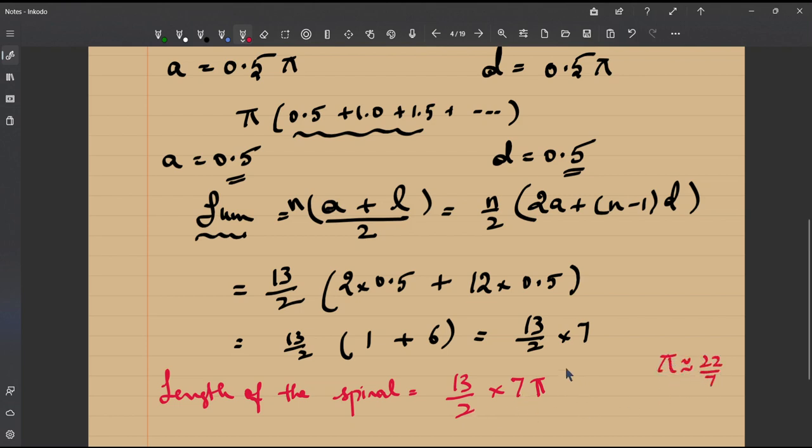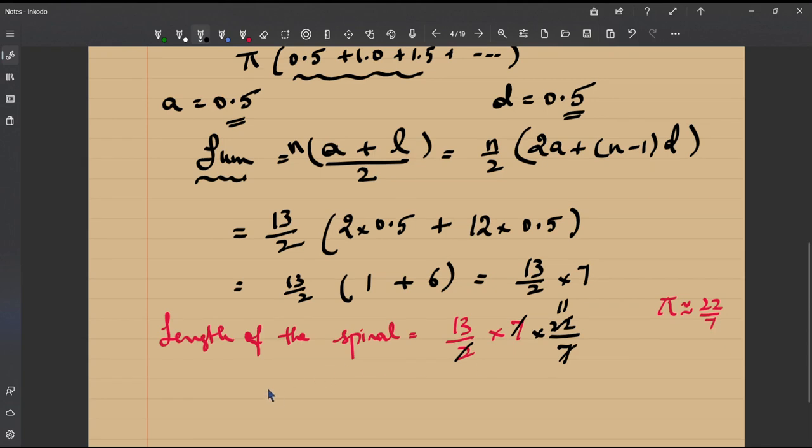So let us just replace pi by 22 by 7. The 7 can be divided both in the numerator and the denominator, and dividing 22 by 2, you get 11. So the length of the spiral would be just 13 into 11 centimeters.